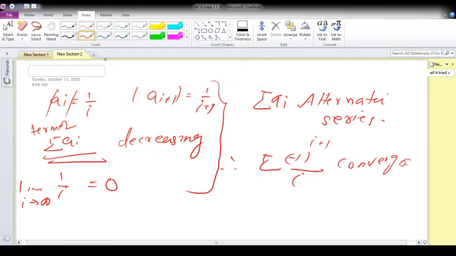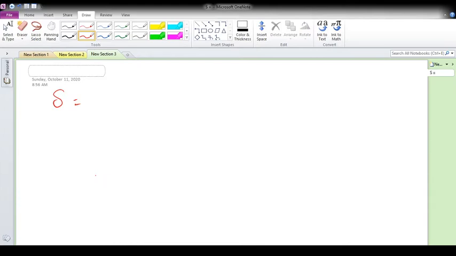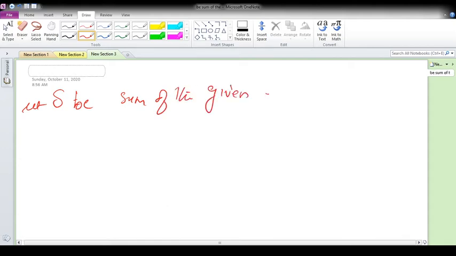Let S be the sum. We need to find the sum of the infinite series. So S is the sum of the given alternating series, summation (-1)^(i+1) by i, i equal to 1 to infinity.